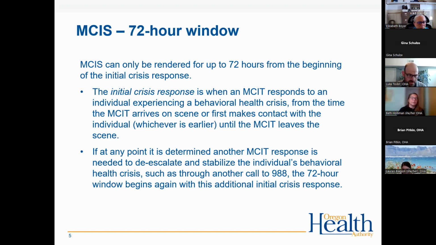Yeah, you'll see here on the slide that we're looking at right now, it says the initial crisis response begins when they arrive on scene or first make contact with the individual, whichever is earlier. That, in my mind, allows for what's envisioned in the crisis now model of the warm handoff between, say, someone that's called 988 and the mobile crisis team.